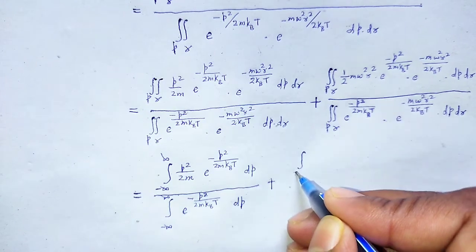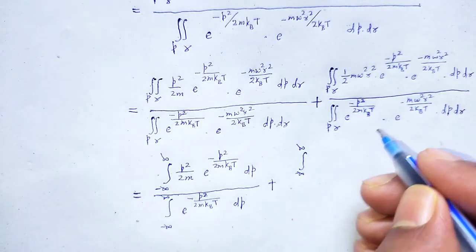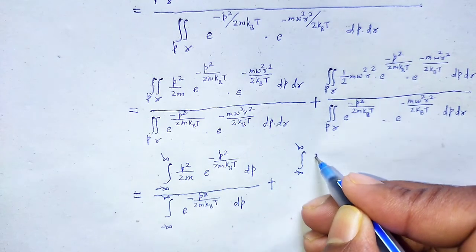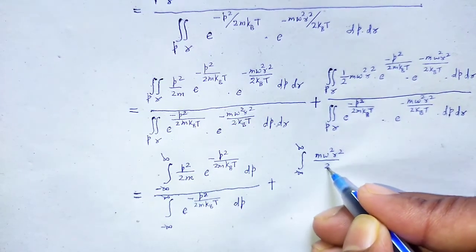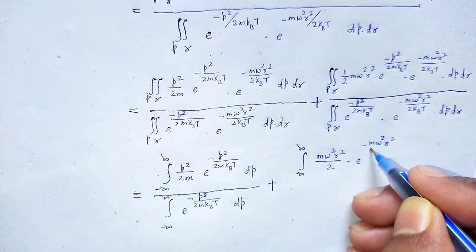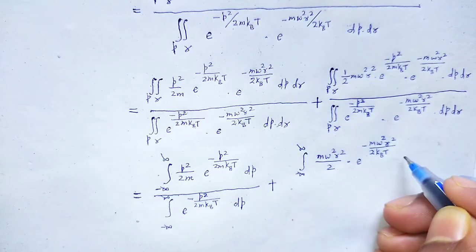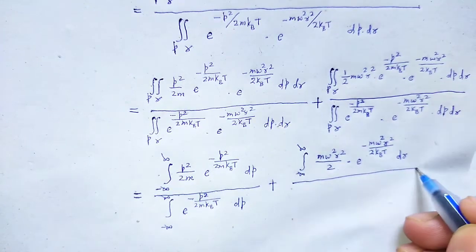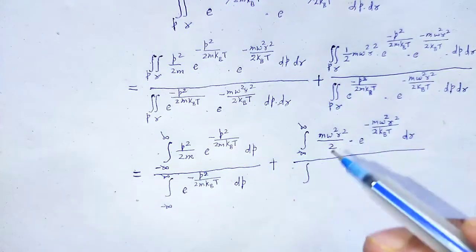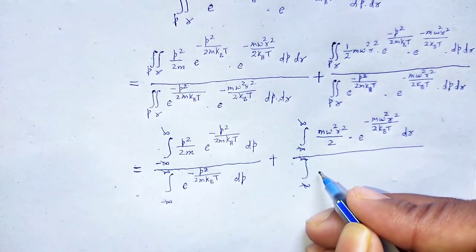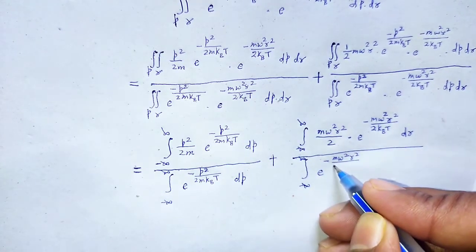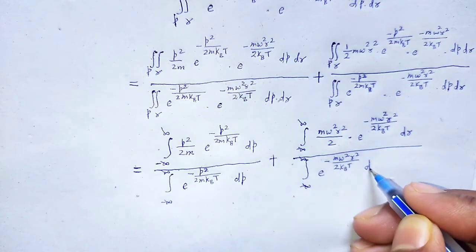So the integration from minus infinity to plus infinity, only the dr term: m omega square r square divided by 2 into e to the power minus m omega square r square divided by 2 kBT dr, divided by the integral of e to the power minus m omega square r square divided by 2 kBT dr.